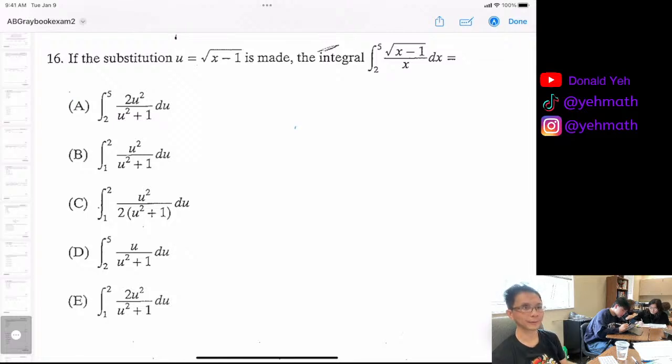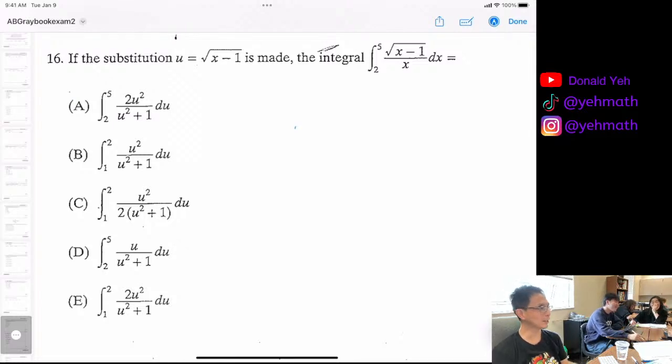You got 20% chance to get it right. 30 seconds left. Got a thumbs up. Anybody got an answer? That was not 30 seconds. Time's up.